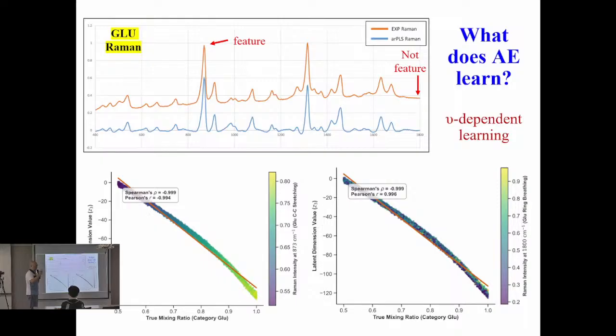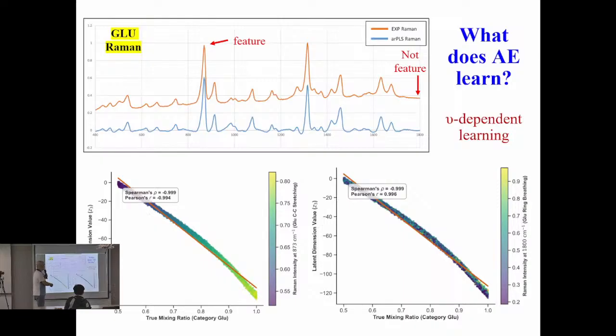And I can give you an opposite example. This is the same data plot, but if you color this data with the signal at 1800 wave number, the distribution is exactly the same. I just color it with different data. The color here uses the non-feature area, and it shows there is no clear color distribution.